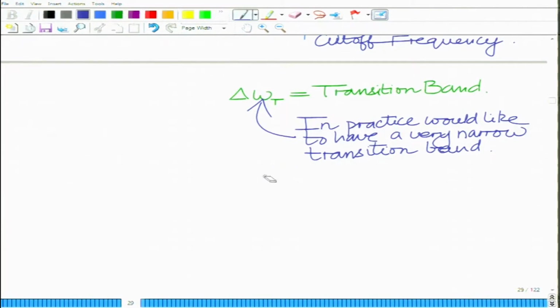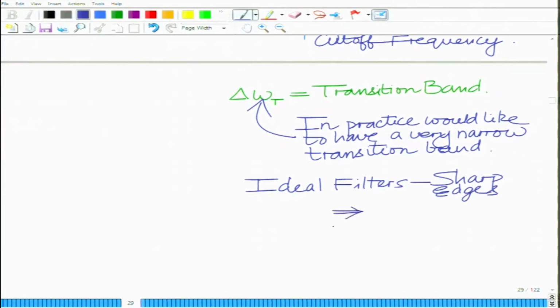Ideal filters have very sharp edges, which implies they are difficult to design. So the ideal filters which have very sharp edges are difficult to design.